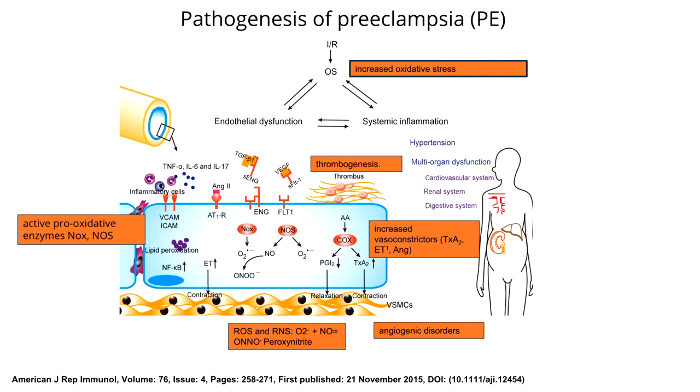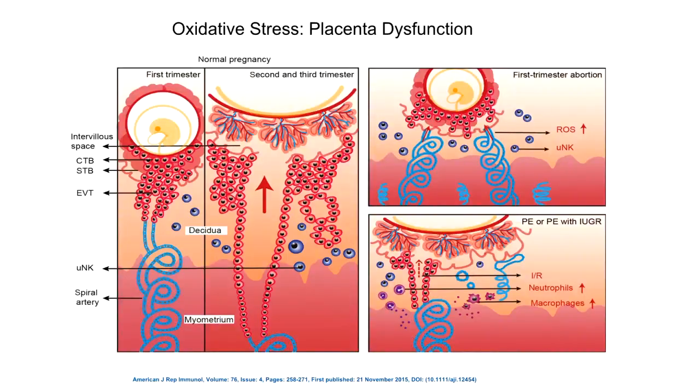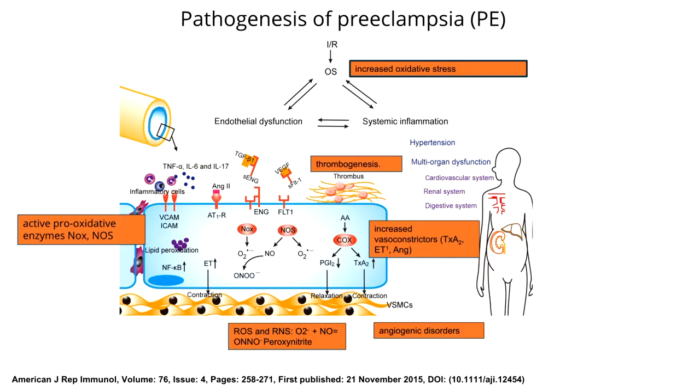At the end of the day, this will produce hypoxia with an increase of oxidative stress and also of the products of oxygen, with active pro-oxidative enzymes like NOX and NOS producing nitric oxide.